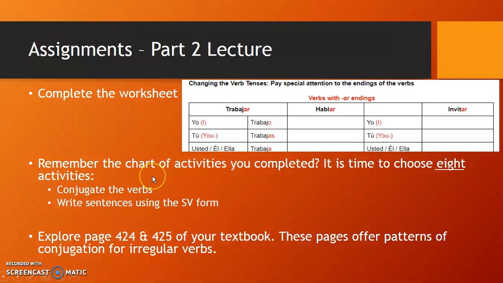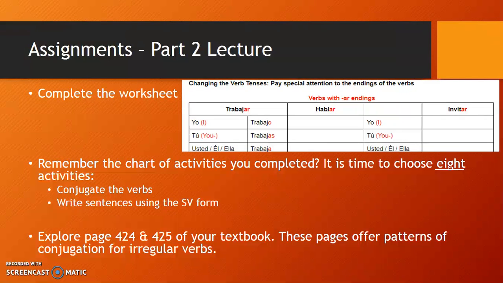Okay, and then remember the chart of activities you completed in the last lecture? Go ahead and take a look at it again. So you have a list of verbs and activities with some vocabulary. Now it's time to take those verbs and conjugate them and use them. So go ahead and choose 8 activities. Conjugate your verbs, make a little table like the one on the worksheet, and write your sentences using the subject verb form.